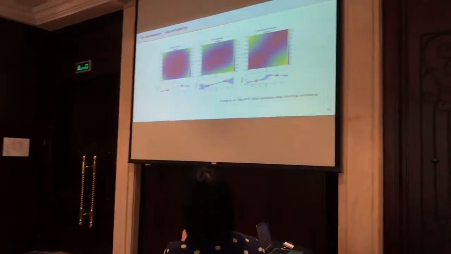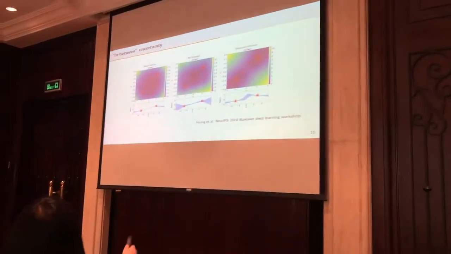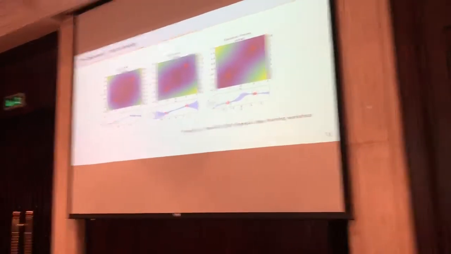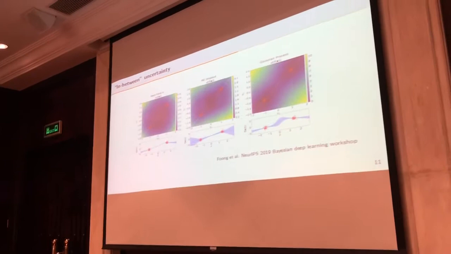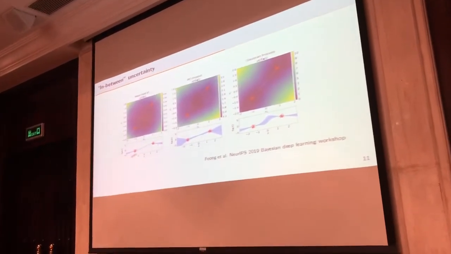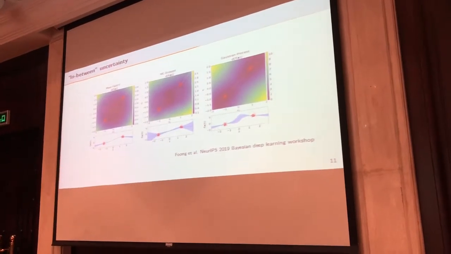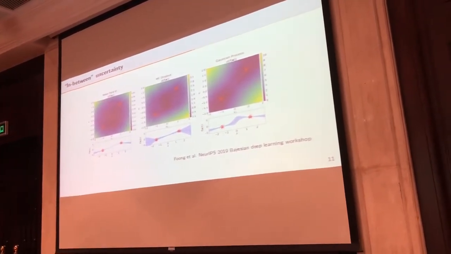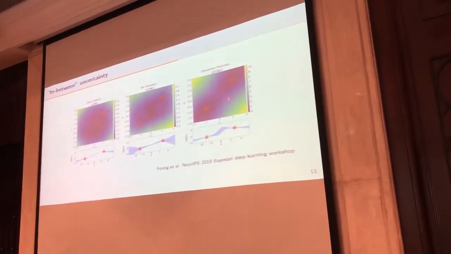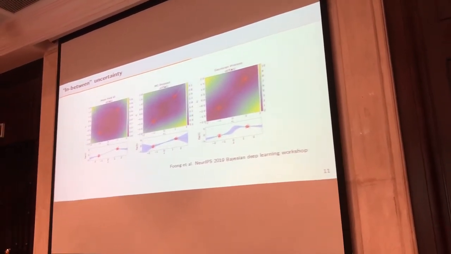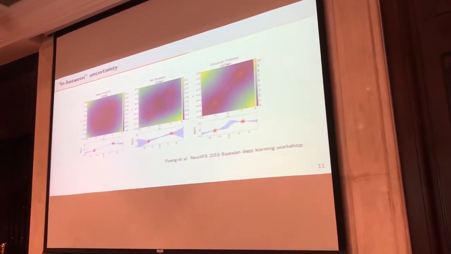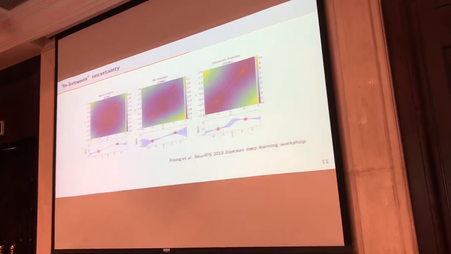Let's see whether that happens in practice. In this case, we consider a toy setup where we want to evaluate in-between uncertainty. The data clusters are here. They are clearly separated, right? So we use Bayesian neural networks with mean field approximation, MC dropout, and also compute a ground truth Gaussian process regression with the right kernel.